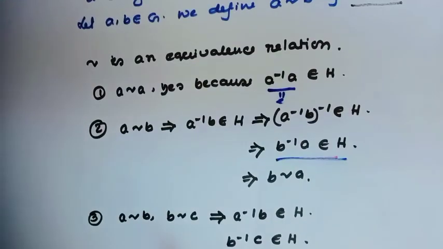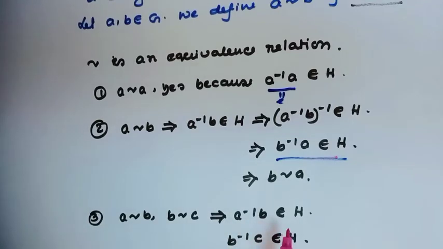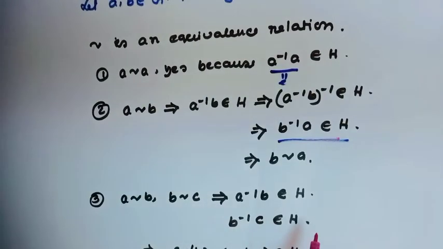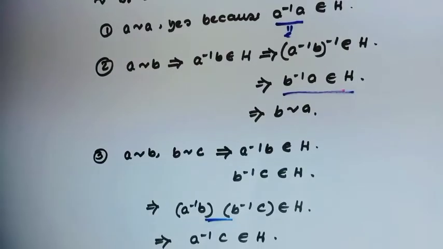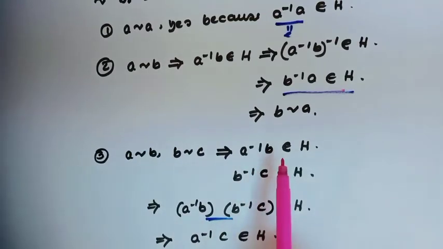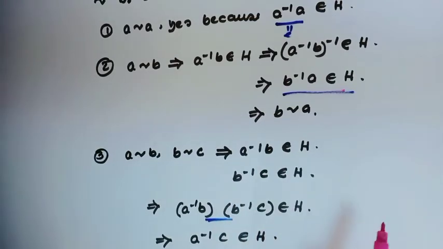Now we have to prove the relation is transitive. So consider a is related to b and b is related to c. That implies a inverse b is a member of S and b inverse c is a member of S. Since S is a subgroup, it satisfies the closure property. So a inverse b times b inverse c is also a member of S by the subgroup property.